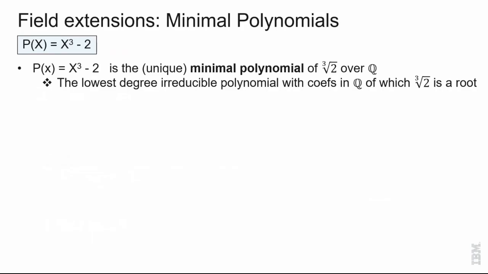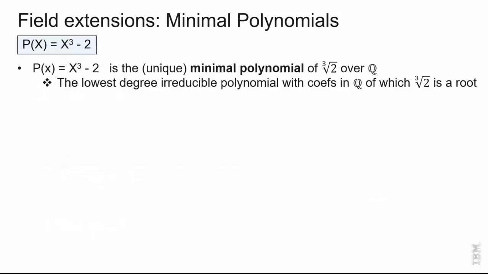Okay, and the final definition that we need, an algebraic definition, is minimal polynomials. So consider this polynomial x to the 3rd degree minus 2. This is called the unique minimal polynomial of the third root of 2 over Q, which means that there is no polynomial of lower degree than 3 of which the 3rd root of 2 is a root.